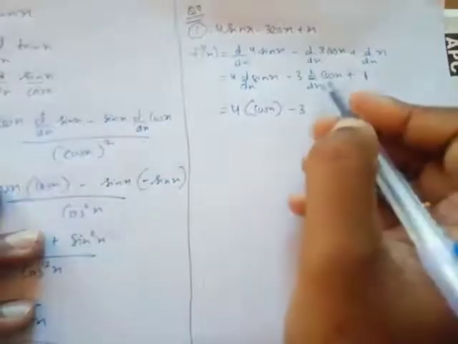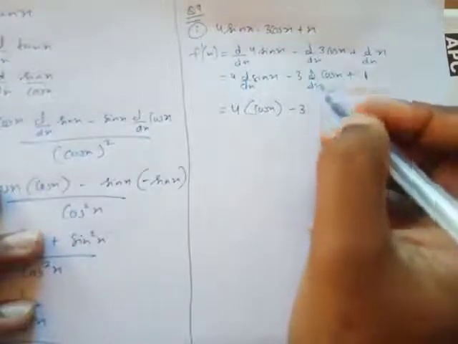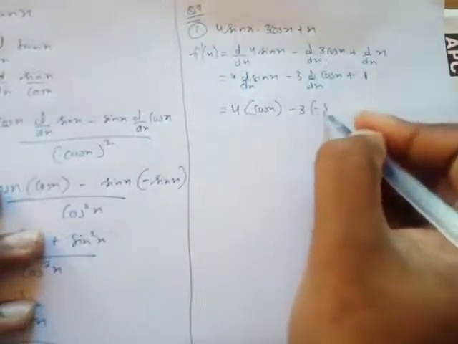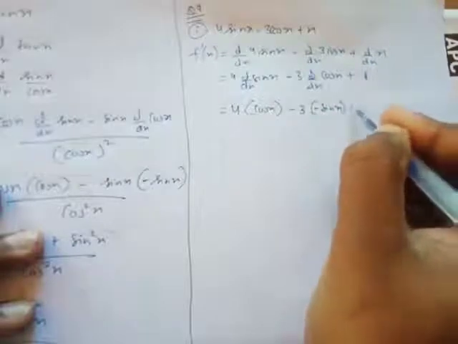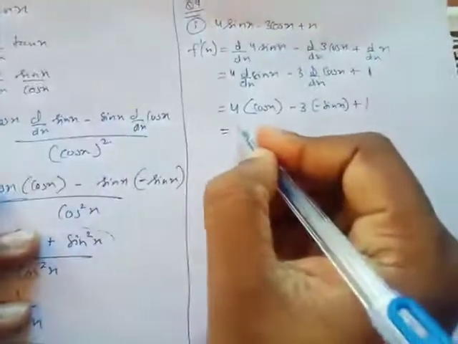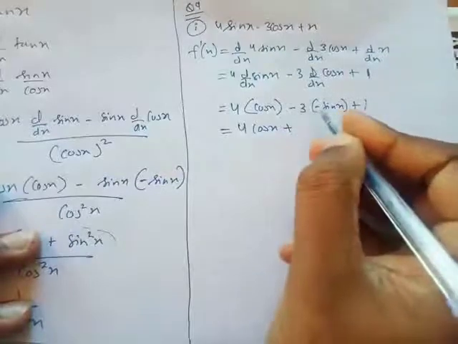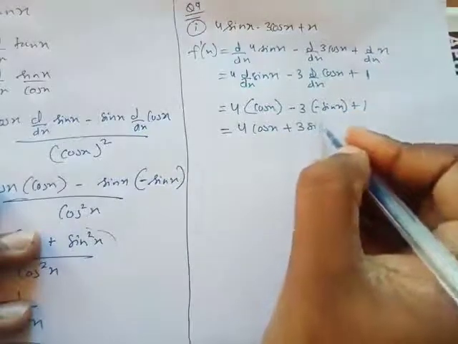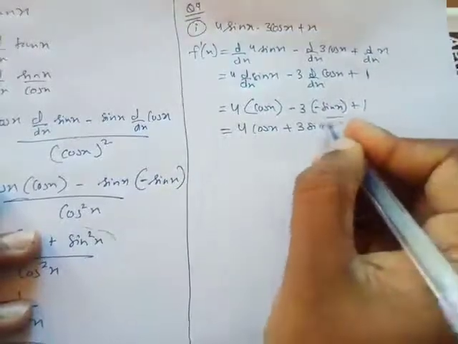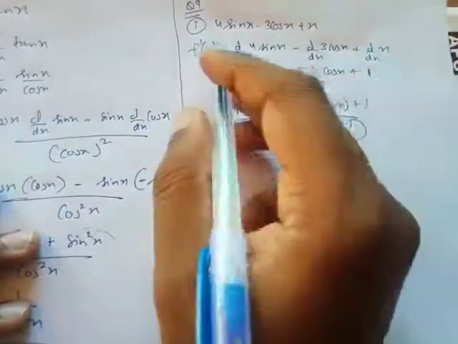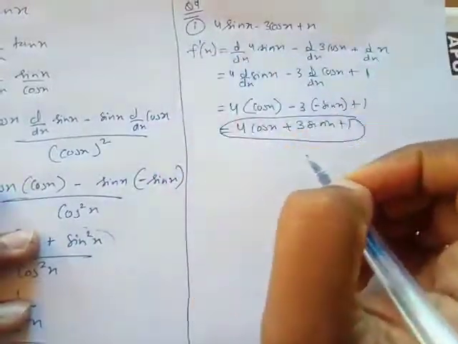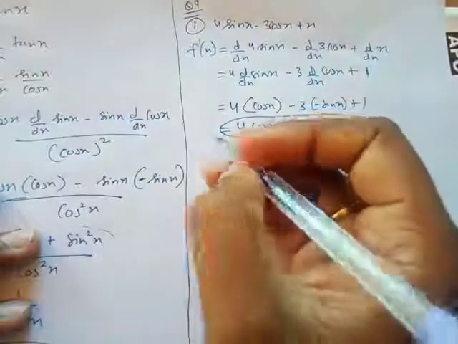Minus 3, and if you go back to the formula, the derivative of cos x is minus sin x, plus 1. So what is the answer? You will get 4 cos x plus, because minus and minus, 3 sin x plus 1. So this is the derivative of this function.